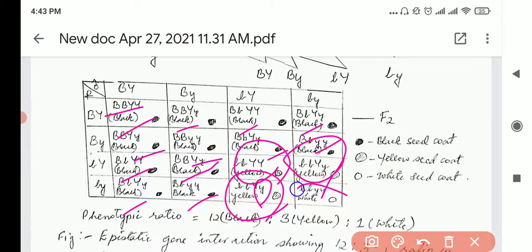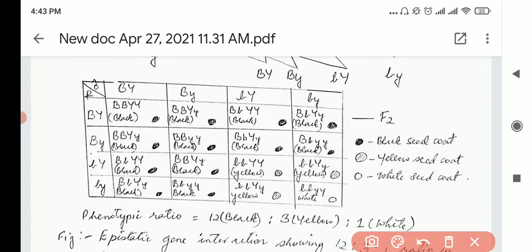Then in the recessive they show a different one, which is white. So here capital B has masked the effect of capital Y. Everything that Y could produce became black.